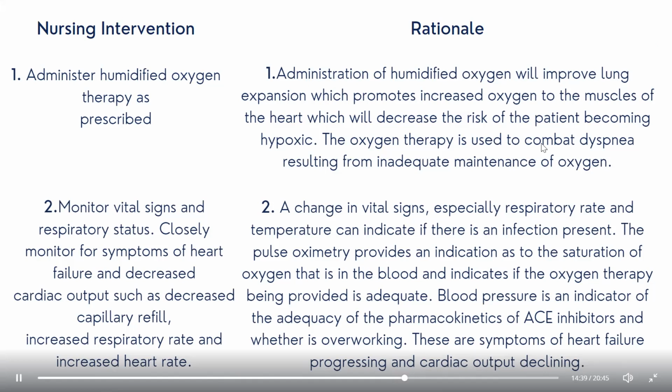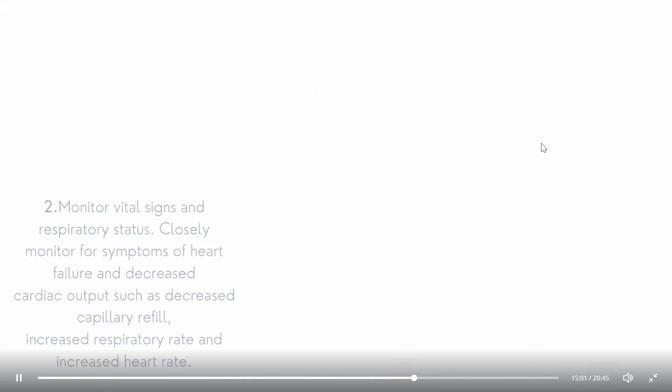The pulse oximetry provides an indication as to the saturation of oxygen that is in the blood and indicates if the oxygen therapy being provided is adequate. Blood pressure is an indicator of the adequacy of the pharmacokinetics of ACE inhibitors and whether it is overworking or not. These are symptoms of heart failure progressing and cardiac output declining.